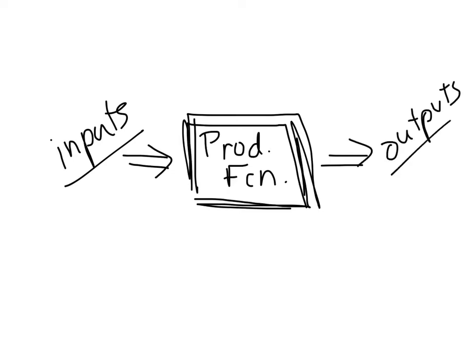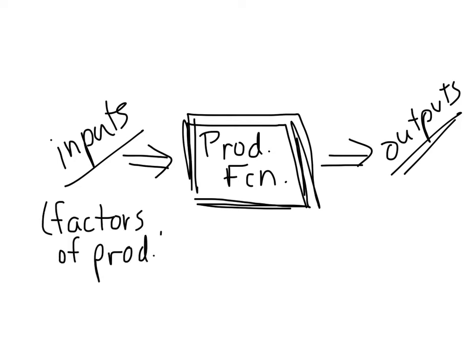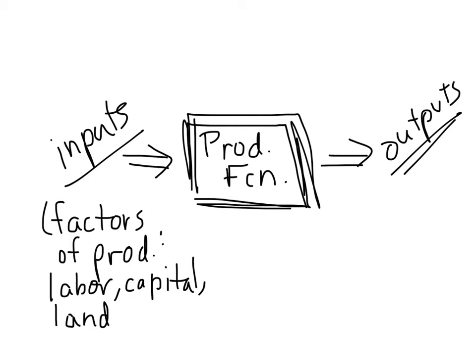Okay, and we often refer to these inputs to production as factors of production, and these include labor, capital, and we usually talk about land as incorporating both actual land and other types of items from nature, such as raw materials.